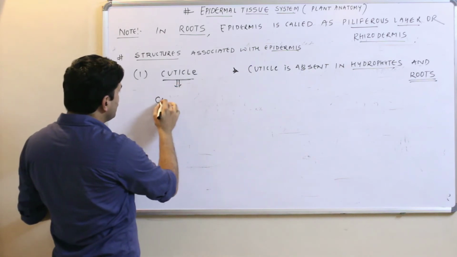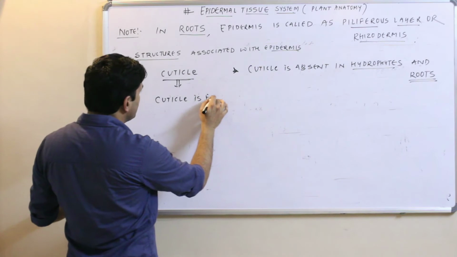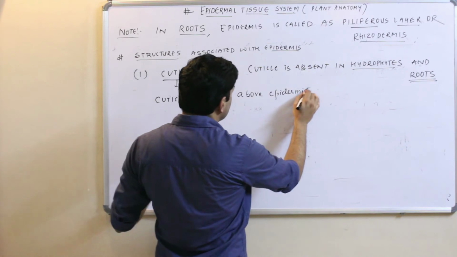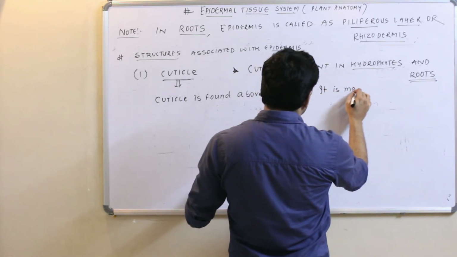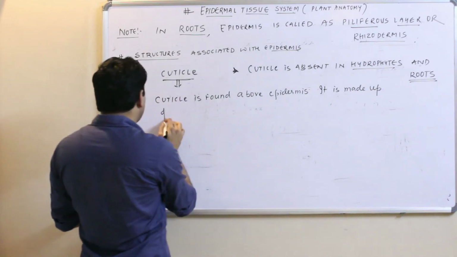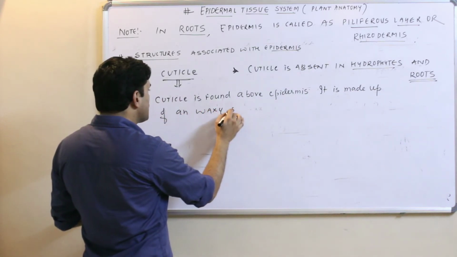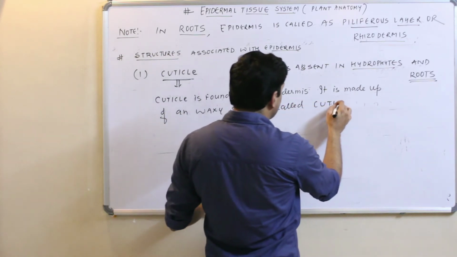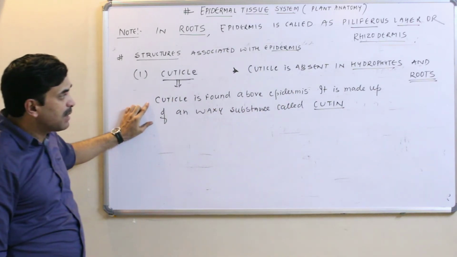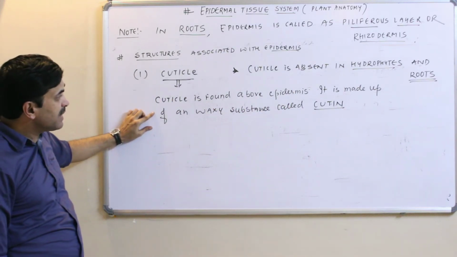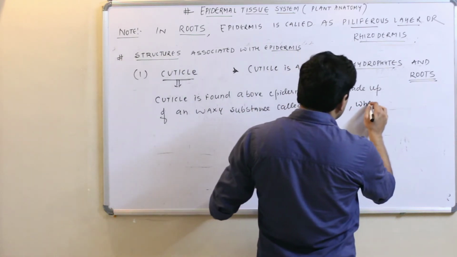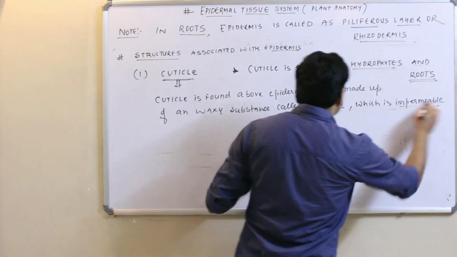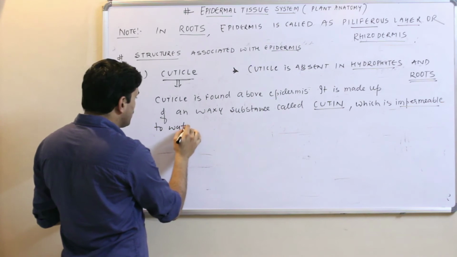Now, cuticle is found above the epidermis. It is made up of a waxy substance called cutin, which is impermeable to water.